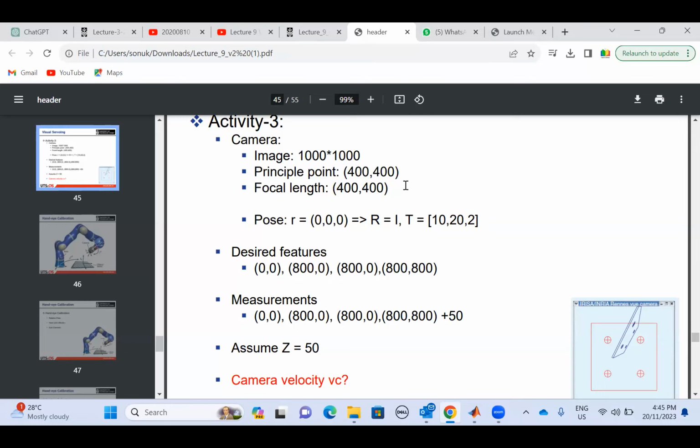But the other case is where the camera is not mounted on the end effector. In that case, can you give a little idea, like with the robot, you told us we see it with the robot base? Can you go to the next slide?